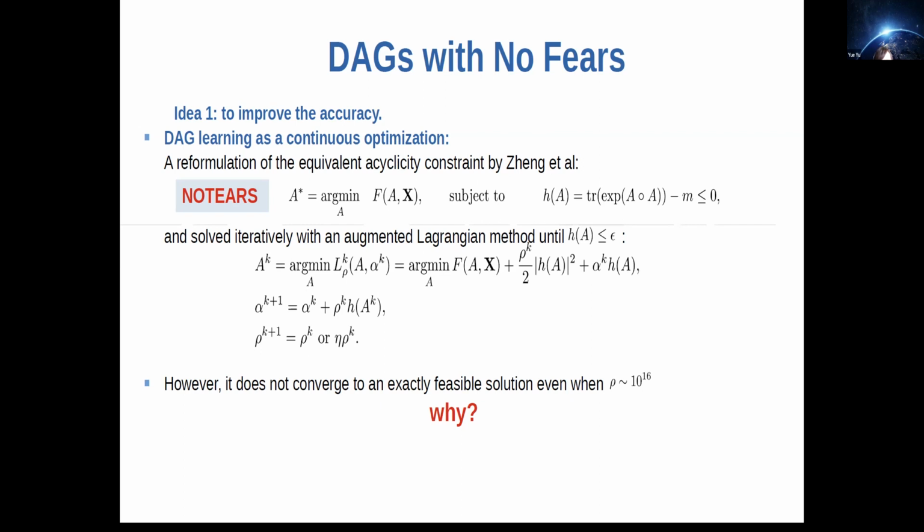Even worse, if rho becomes really large, it will cause the augmented Lagrangian method to be very poorly conditioned, and the optimization solver will take a really long time to converge. That makes it very slow, especially when it's getting closer and closer to convergence.